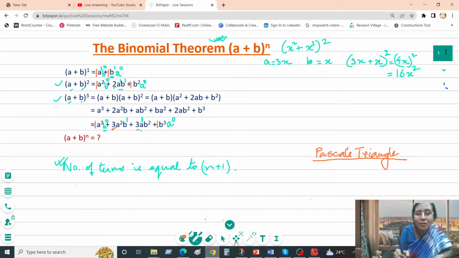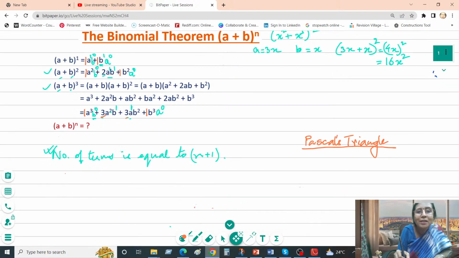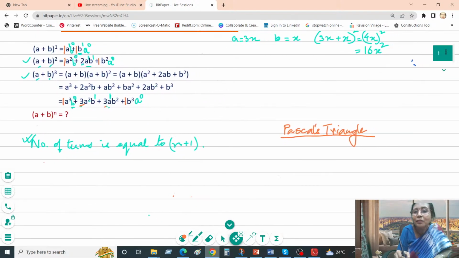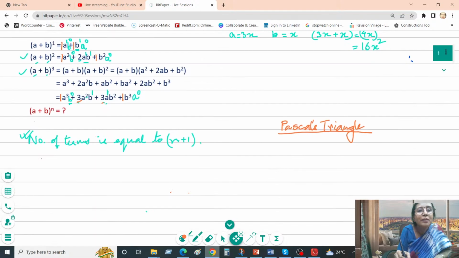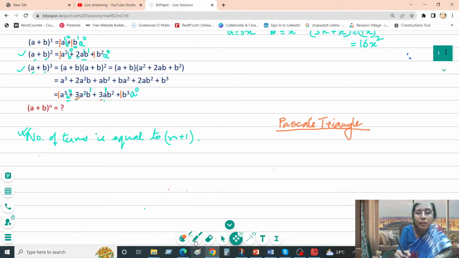Let me just move this screen a little to this side. Okay. So, Pascal's triangle, I'm starting over here. I do not know where I am appearing, so I have to keep some space over here.